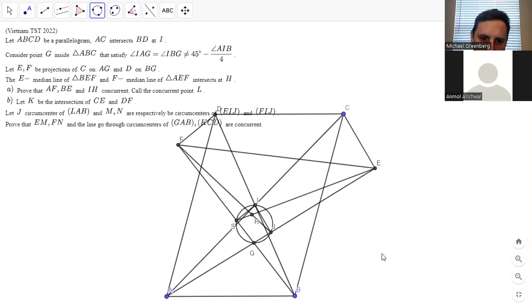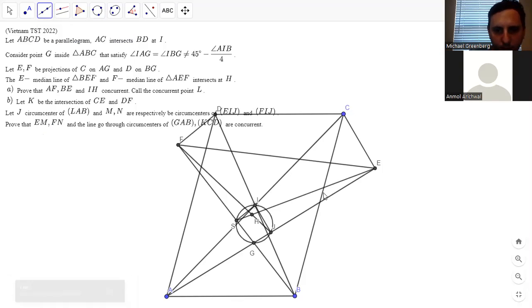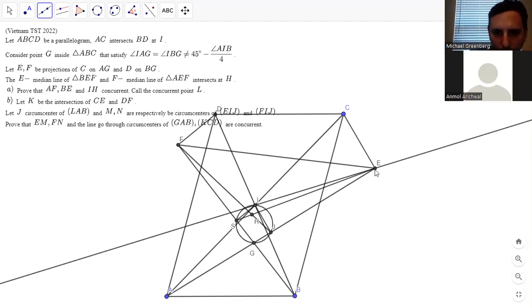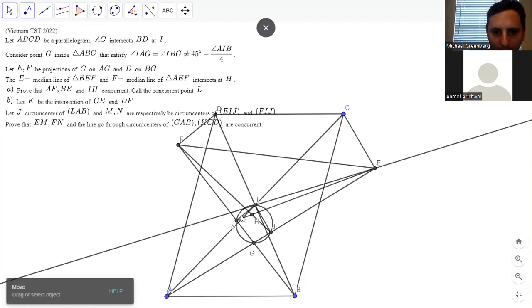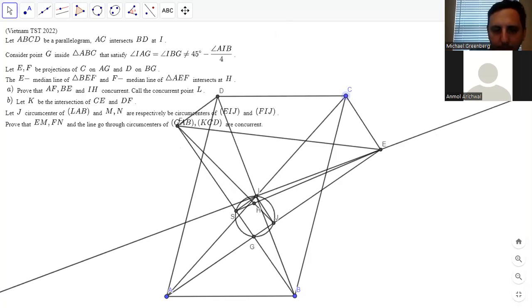Is IE tangent to this or something? Let's see. Does not look like that. Yeah, I don't think IE is tangent. This one sounds hopeless. It almost looks like that's probably a coincidence, if those concur.